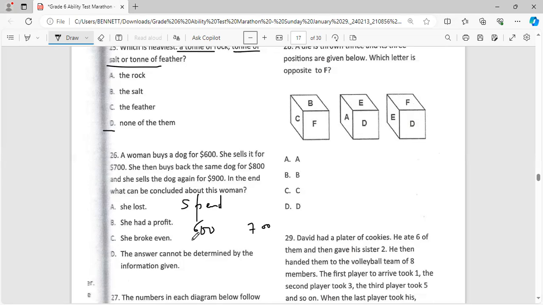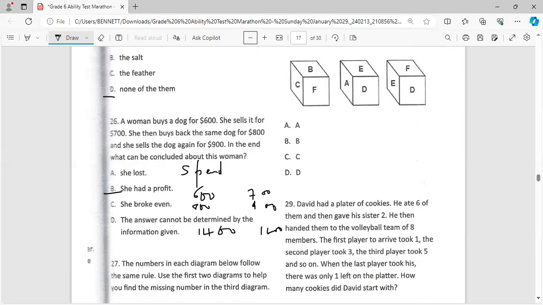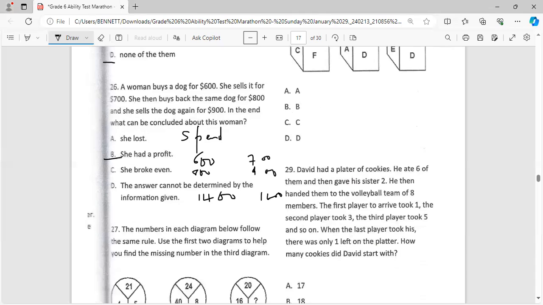Then she spent 800, gained 900. 8 and 6 is 14, 1,400. 9 and 7 is 16. She gained a profit, 1,000 versus 1,600. Yes, she had a profit, because each time she made $100 on her money. So she makes $100 each time.